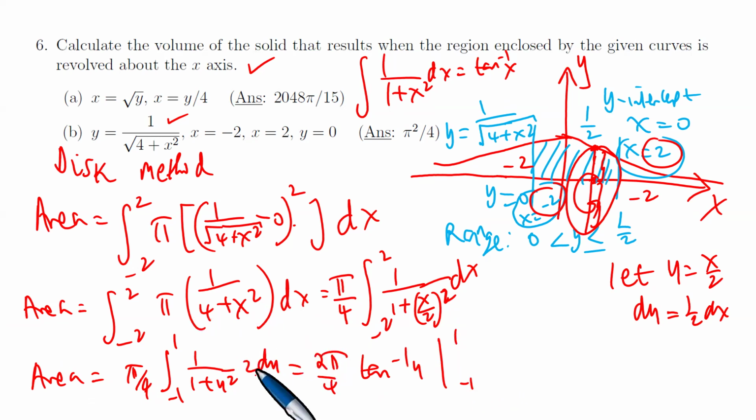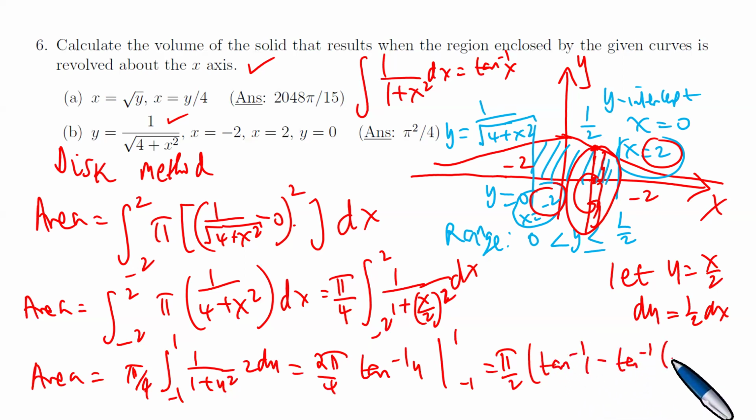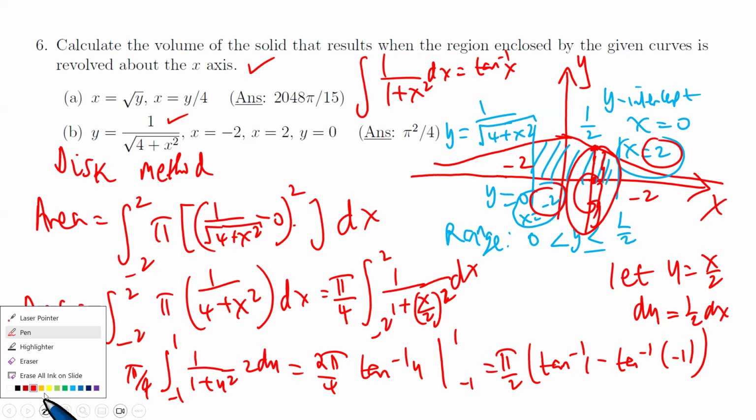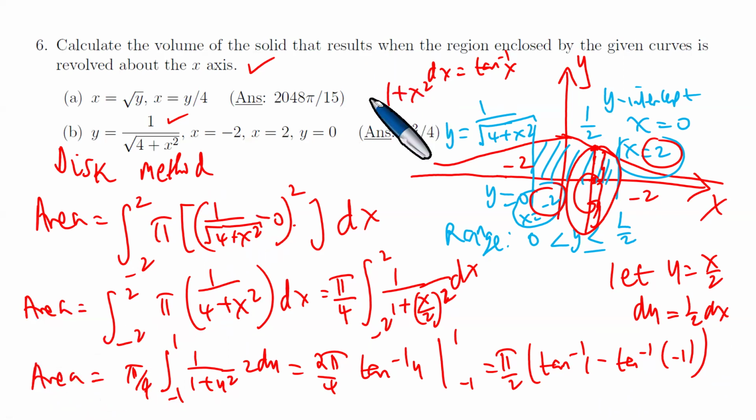Always change your limits of integration when you change a variable. It makes life easy. It makes sure you get the correct answer. So this is pi over 2. Then you put the 1, which is arctan 1 minus arctan of minus 1. So this is the answer we're getting.